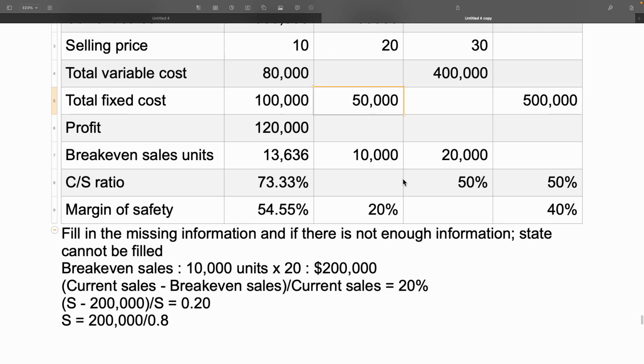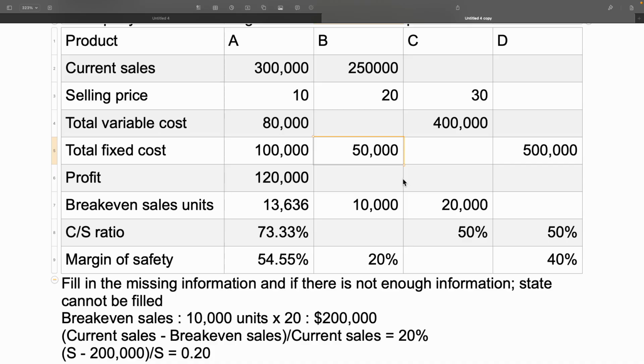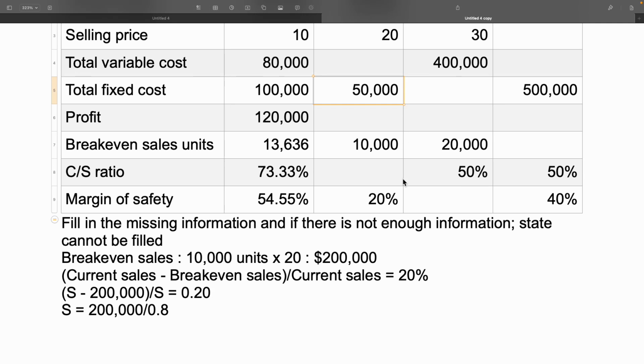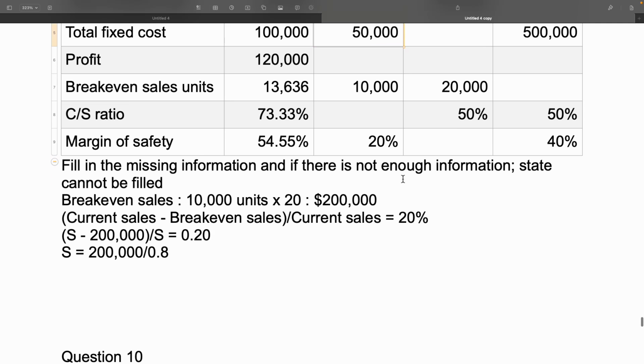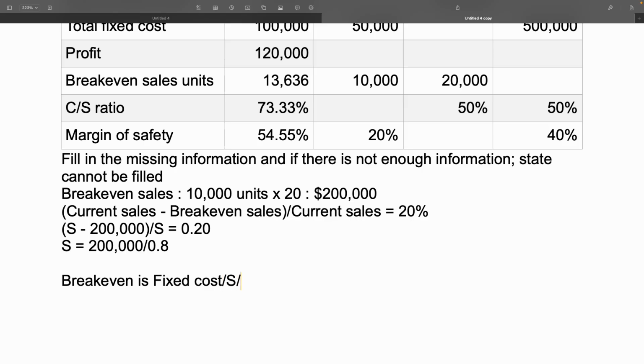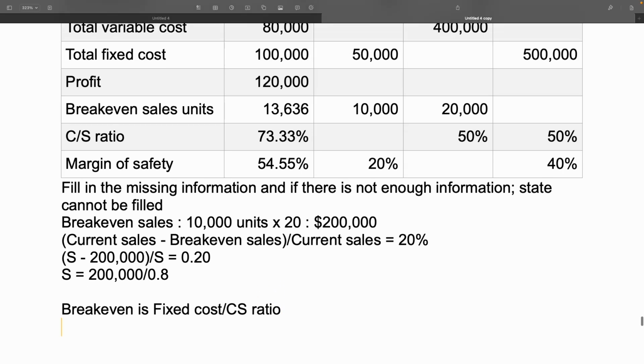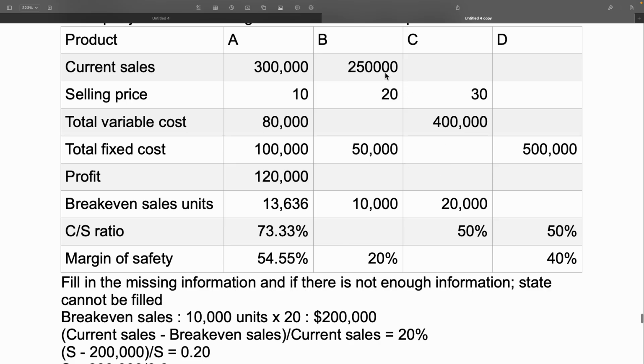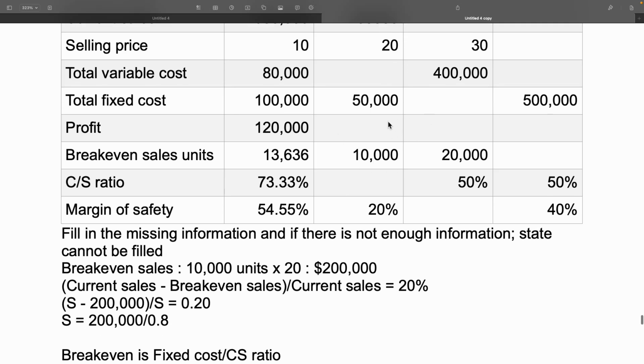Okay, can you fill up any other information here? Well, break even, you already got. How to get break even? Sales, fixed costs over CS, correct? So we already know the sales value here is current 250,000, and we know the break even sales is 200,000.